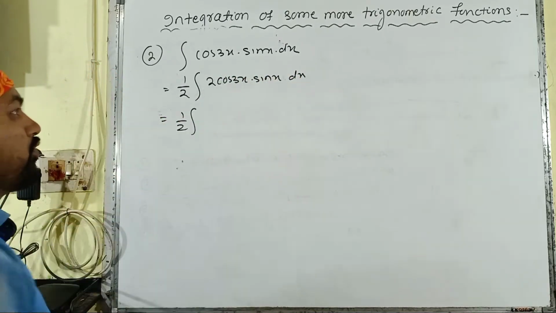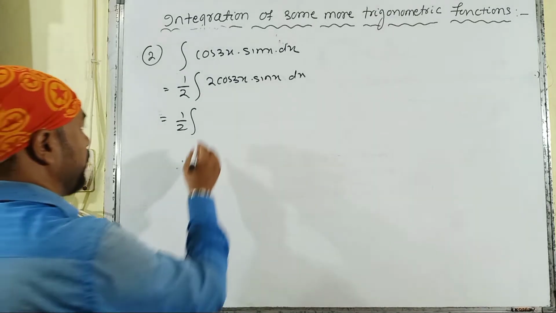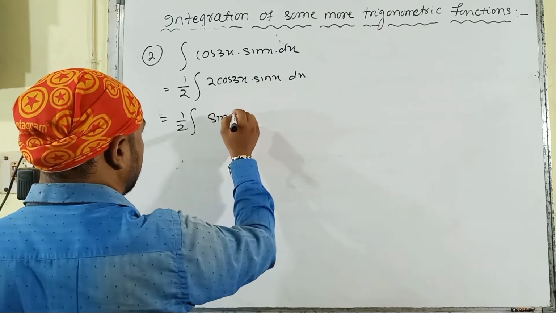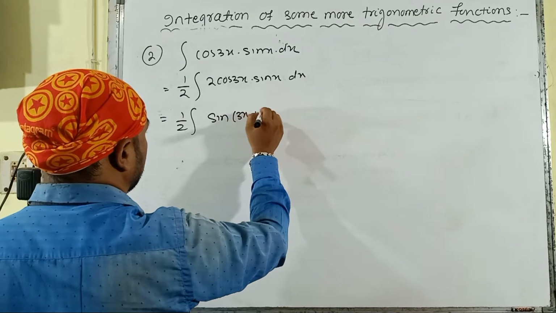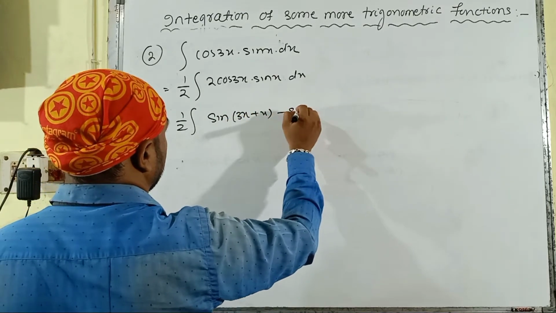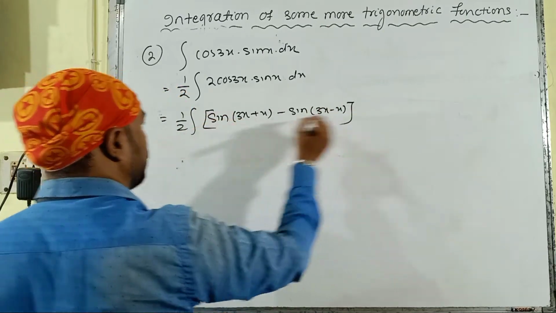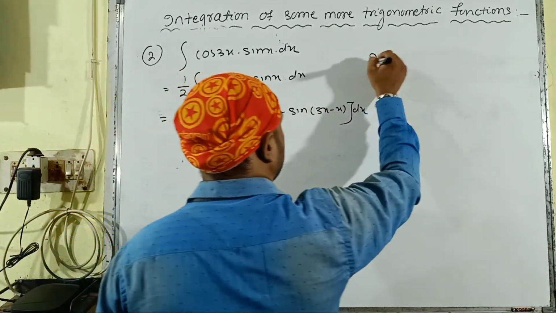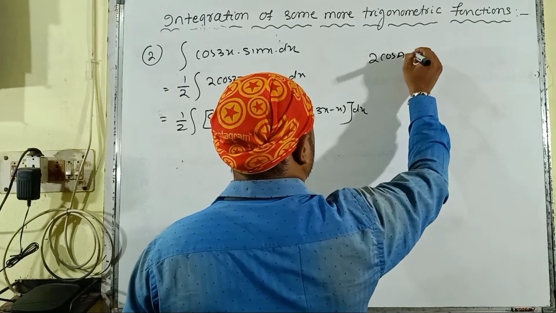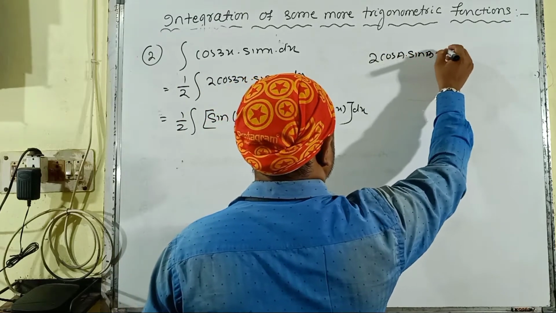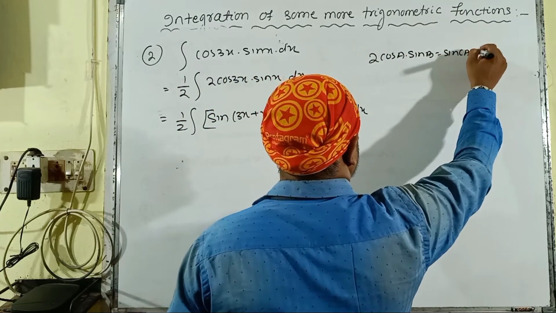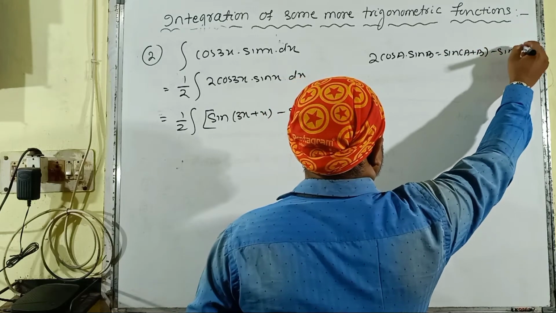It is in the form of 2 cos A sin B. That means first of all we apply the trigonometric identity here: sin 3x plus x minus sin 3x minus x, because we know that 2 cos A sin B is sin A plus B minus sin A minus B.